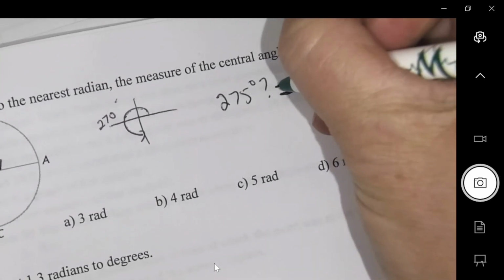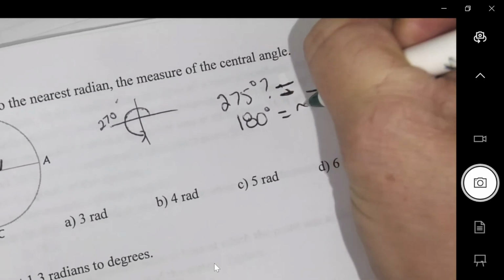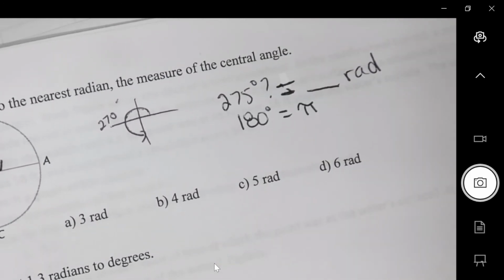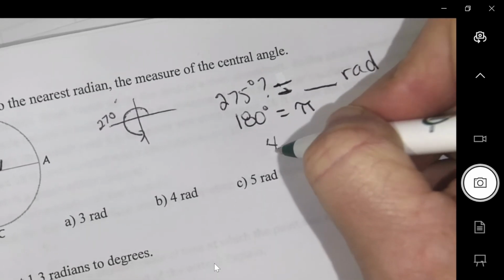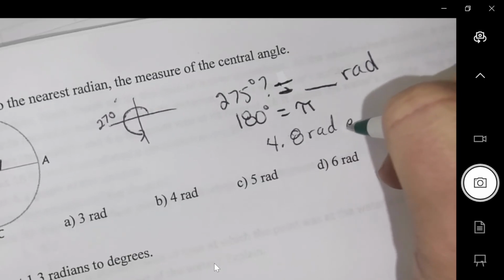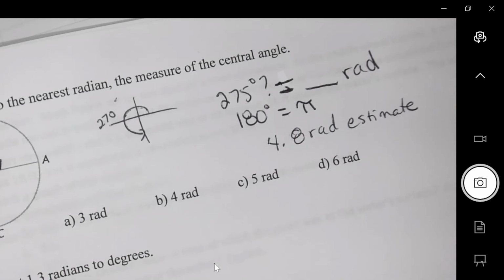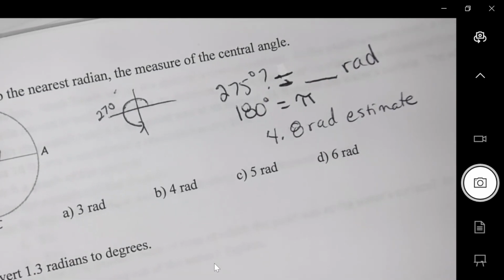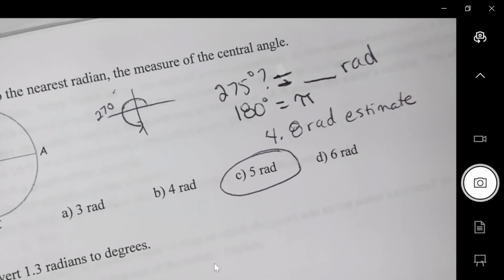How many degrees? 180 degrees is exactly 1 pi radian. So this is an estimate. 4.8. So our best is C.